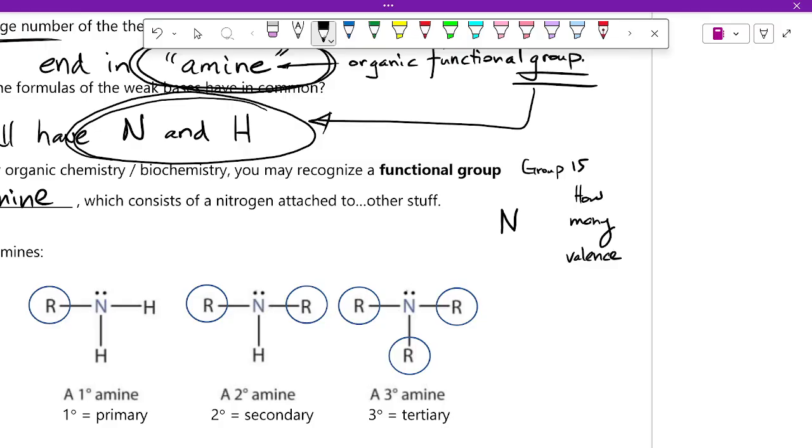Okay, how many valence electrons does lithium have? Group 1, so 1. How many does beryllium have? 2. How about boron? 3. How about carbon?